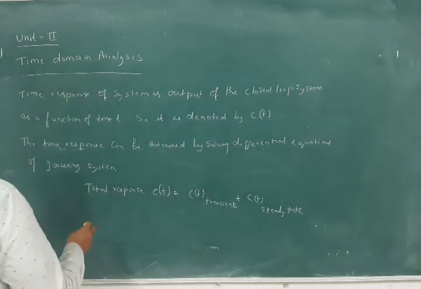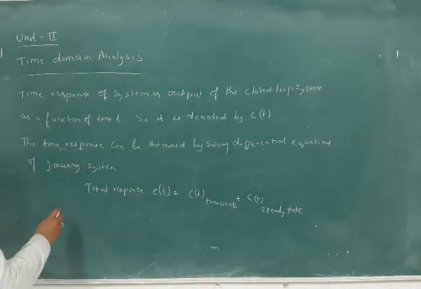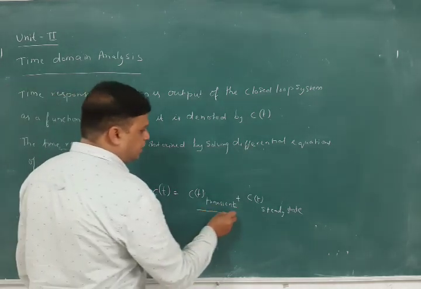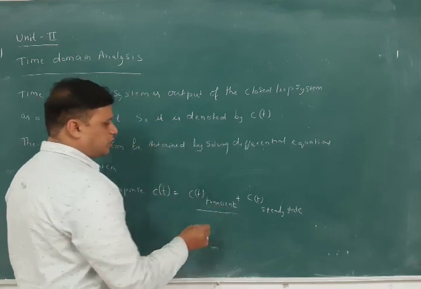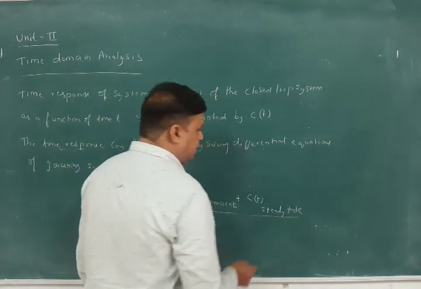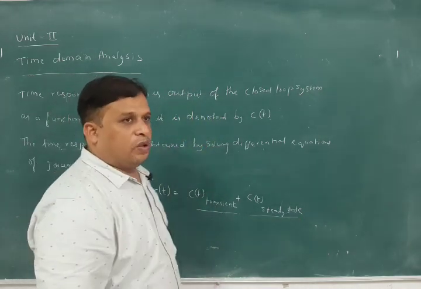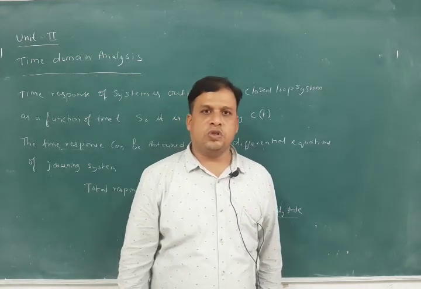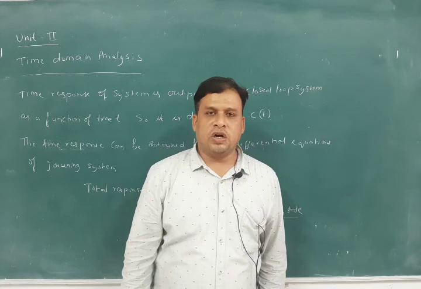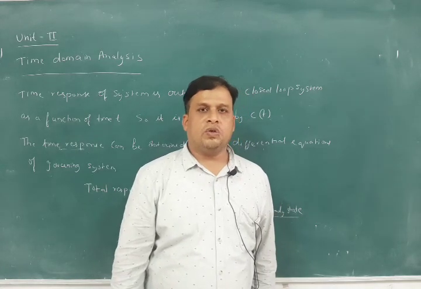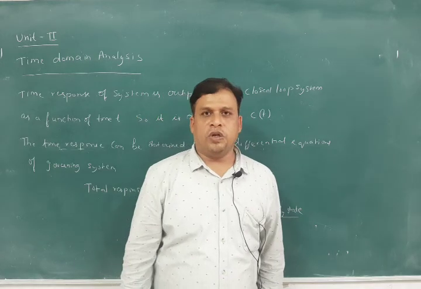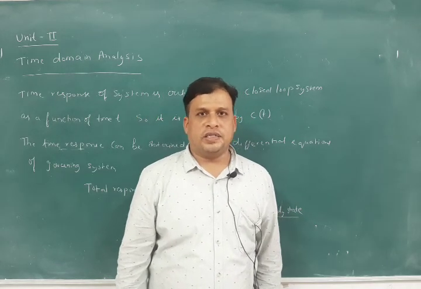And we are talking about the steady state. What is a steady state? C of t transient is the transient response, and C of t steady state is the response as the system goes from time 0 to infinity. Then it is called a steady state. So, we will be discussing the steady state and the transient state, and also the standard signals.